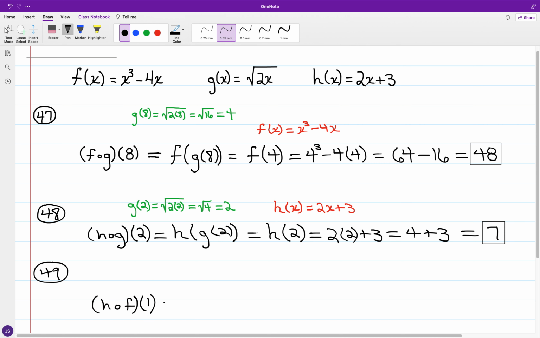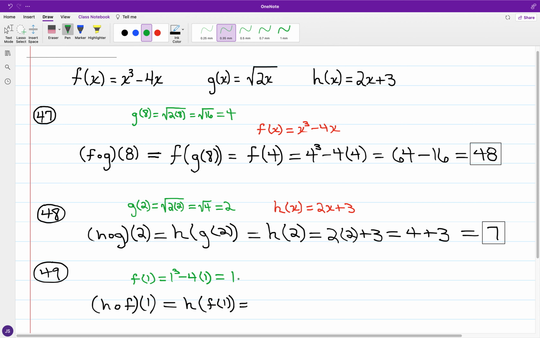So h composed with f at x equal to 1 is going to be h of f of 1. Again, going ahead and identifying the numerical value of the input, we have f of 1. Referencing f of x, we have the cube of the input minus 4 times the input.